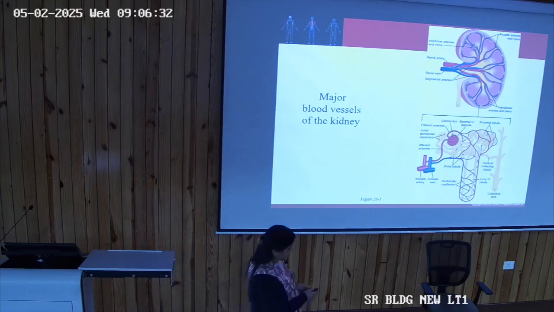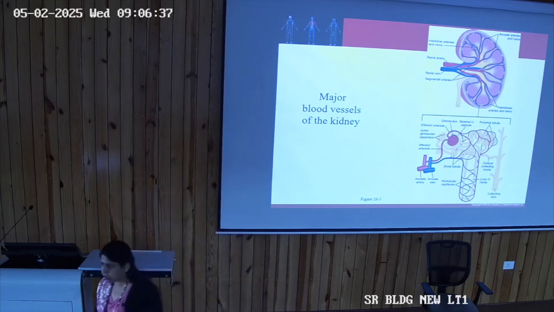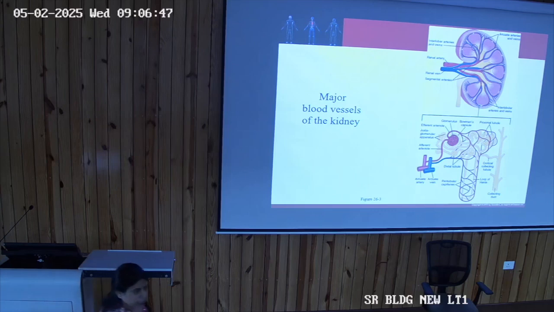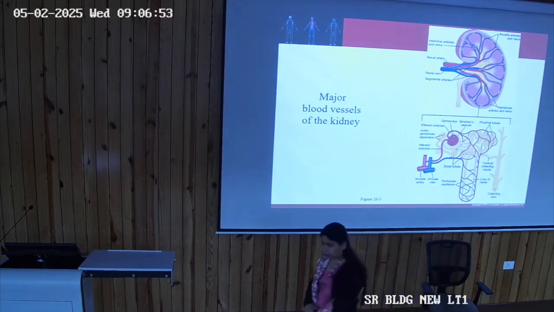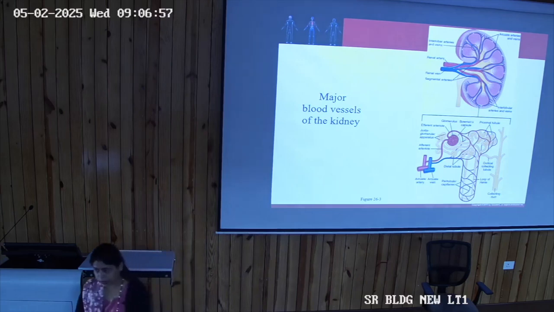So the main artery responsible for this is the renal artery, which will enter into the kidneys and bifurcate into interlobar, arcuate, interlobular, resulting into the afferent arterioles. Afferent arterioles are further divided into the tuft of capillaries which we call glomerular capillaries, and these glomerular capillaries will finally result into efferent arterioles.